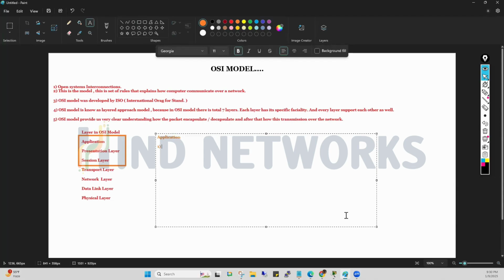The first point that you need to understand about the application layer: this layer is responsible where end users interact with network services.